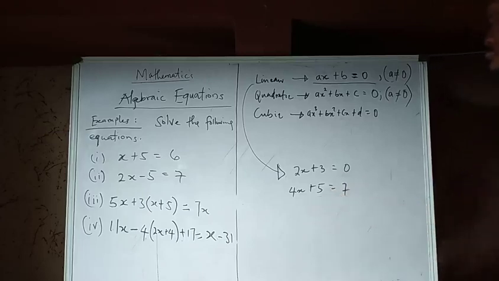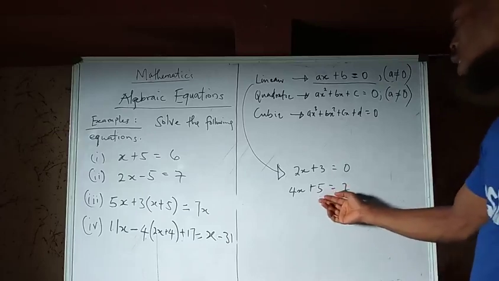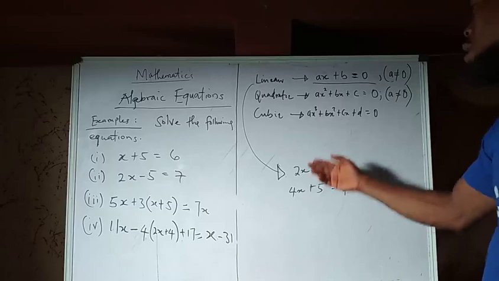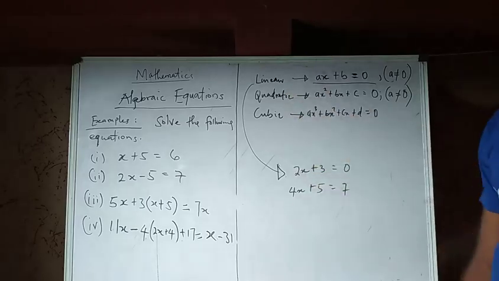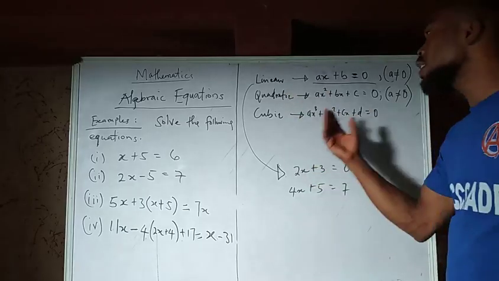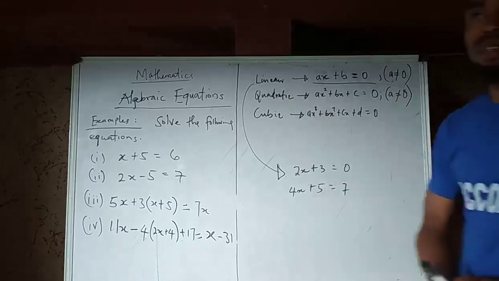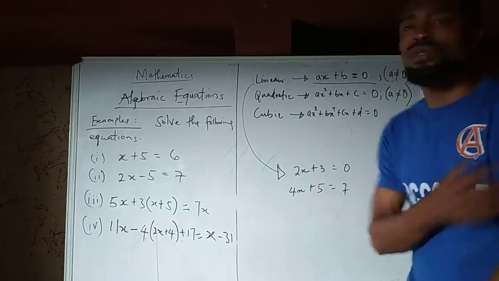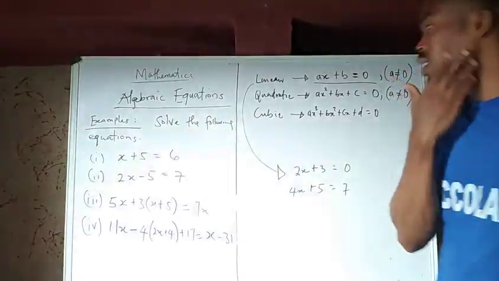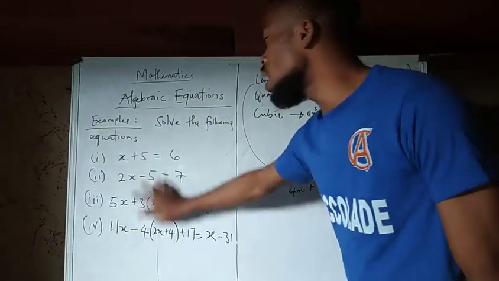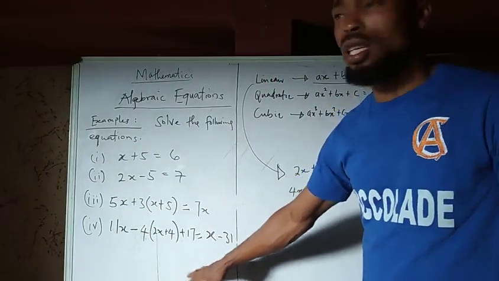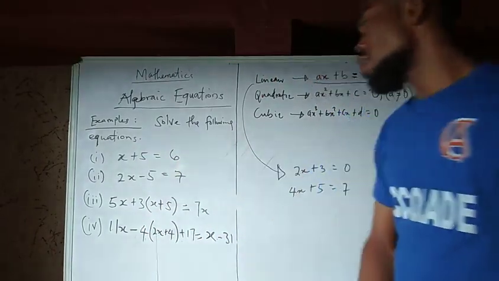These are the things that tell us whether an equation is linear or a quadratic equation. Each of these equations, linear, quadratic, cubic, has its own approach for solving them, and that's what we want to look at right now. The examples I have here are all linear equations.